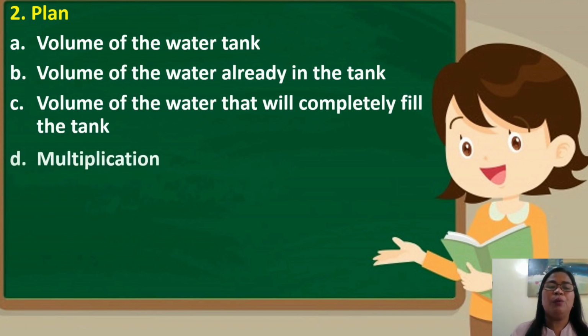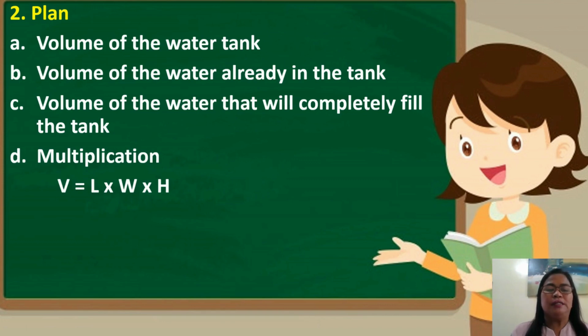Then, we will be using multiplication operation in getting the volume, and the formula is volume is equal to length times width times height. Then, subtraction in getting the amount of water needed to completely fill the tank.